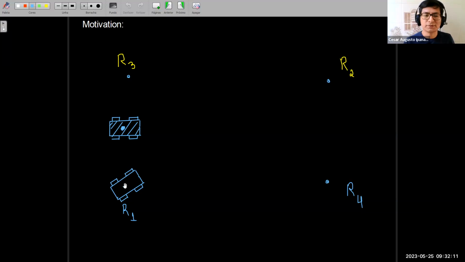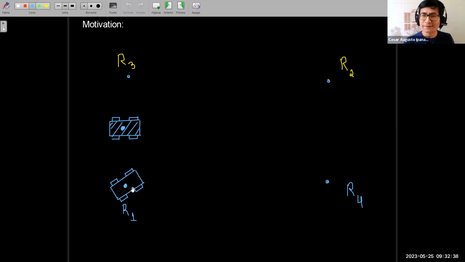We want to move this robot from R1, R2, R3, and finally R4. This obstacle is a mobile obstacle, but in the input of that algorithm, we don't input the initial position of this obstacle, only for this robot.